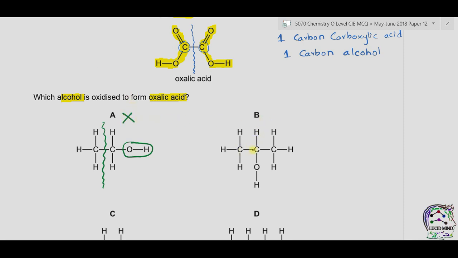In part B we can see we have 3 carbon atoms, which is wrong because the number of carbons should not exceed 2 as the product has 2 carbon atoms. In these 3 carbon atoms only this middle carbon is alcohol as OH is present with this carbon. So this one is oxidized to carboxylic acid while these 2 are not oxidized as no alcohol is present with these 2. So B is incorrect.